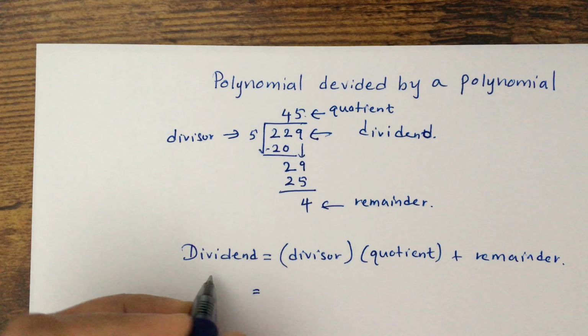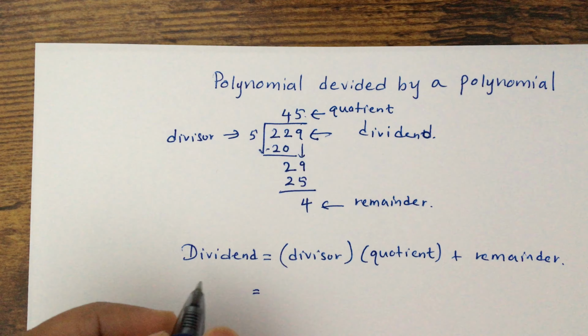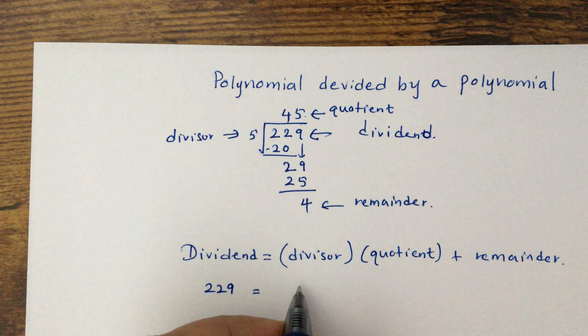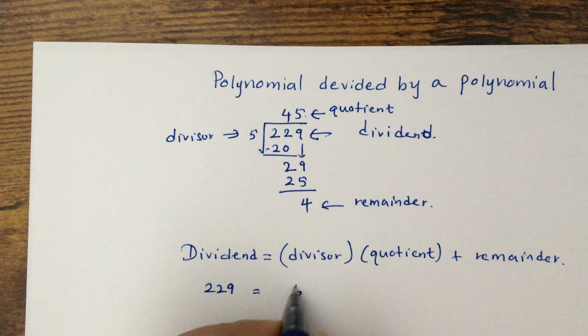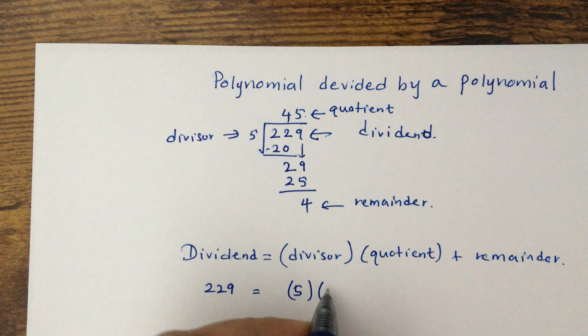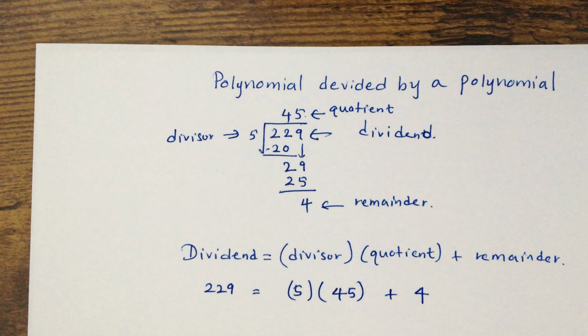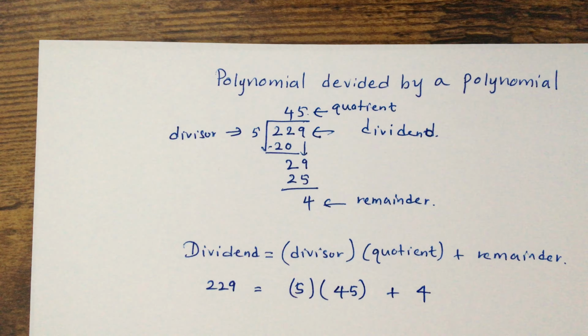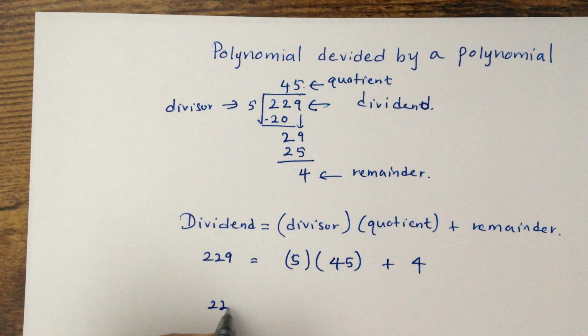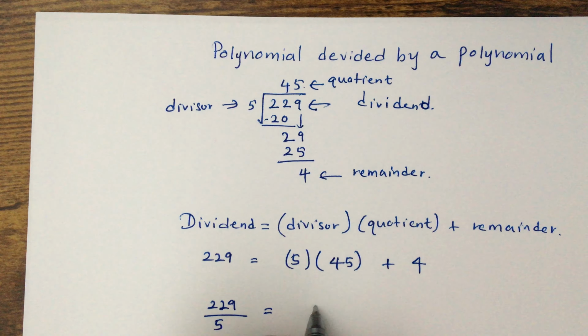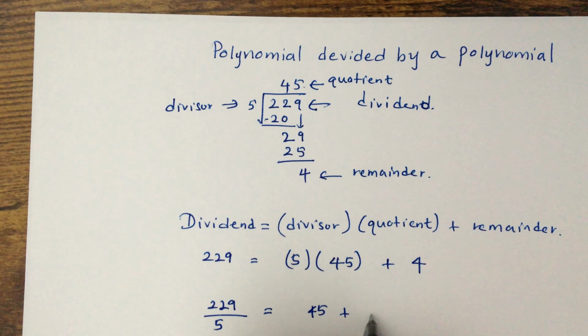So in this case my dividend is 229, divisor is 5 times my quotient is 45 plus remainder is 4, right? So if you want to write this one like this, 229 divided by 5 equals 45 plus 4 over 5.